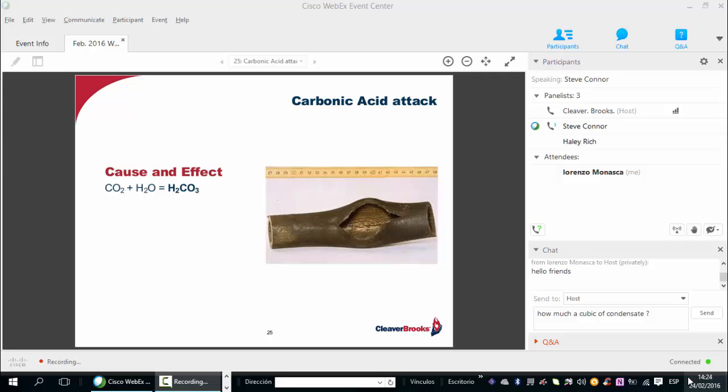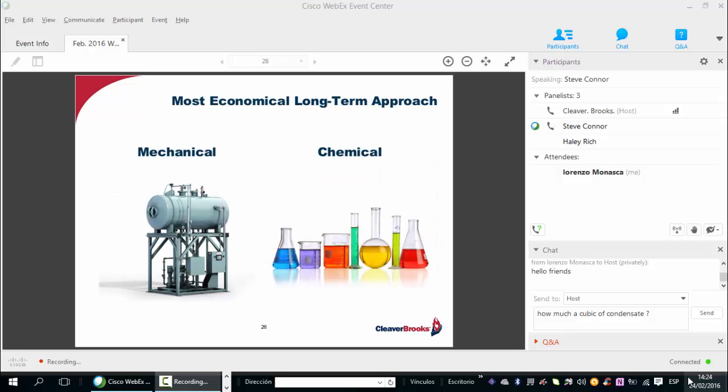So how do we stop this from happening? Well, what we have found over the years is the best overall answer is having a solid water treatment program incorporating both mechanical and chemical means. For instance, mitigating condensate line corrosion starts with limiting the carbonate and bicarbonate alkalinity to begin with by maybe using a dealkalizer.